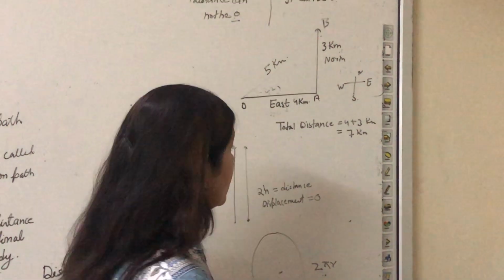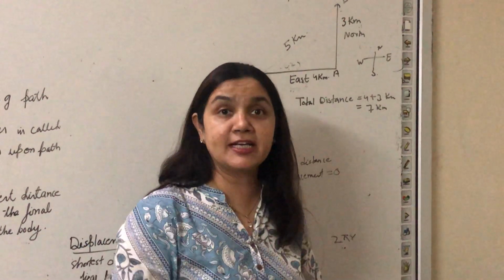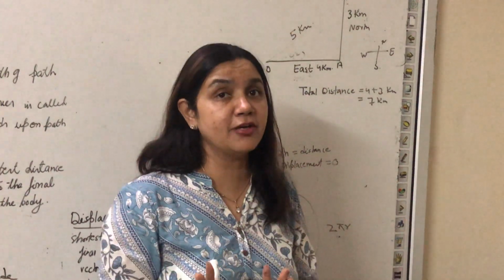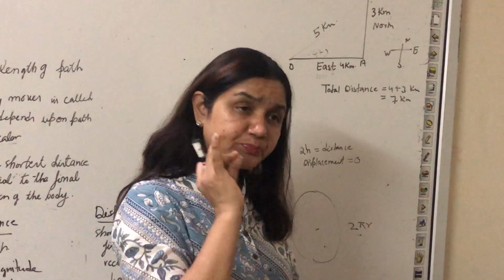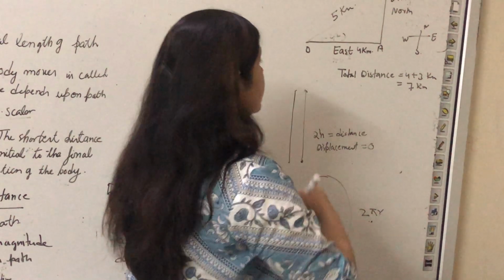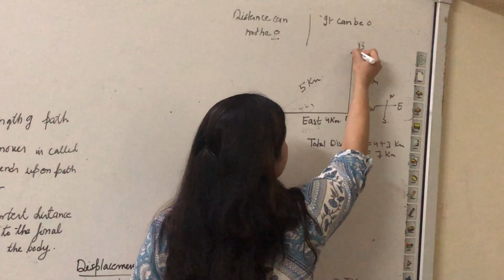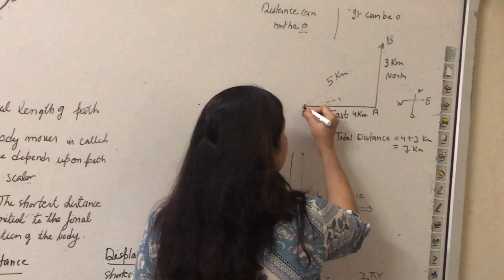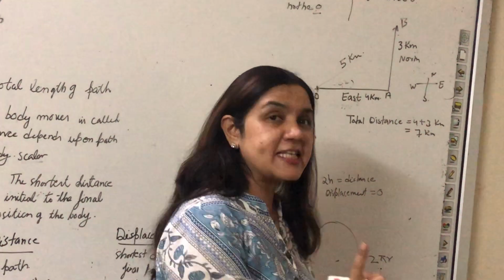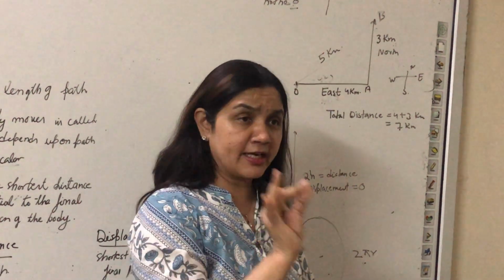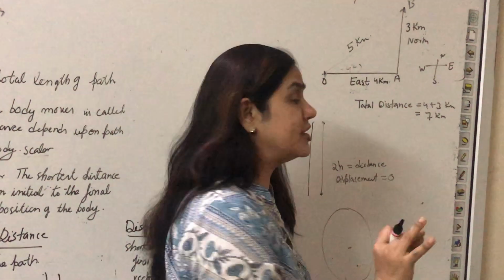But I told you about displacement. How will you calculate the displacement? Displacement is independent of path and it is a vector quantity. This is the final position B and this is the initial position. Displacement you calculate only from the final position and the initial position.